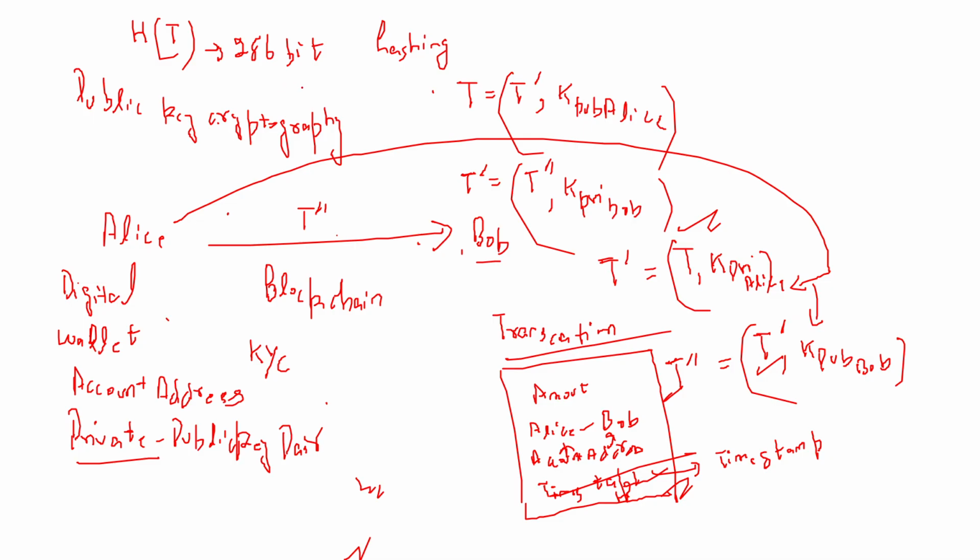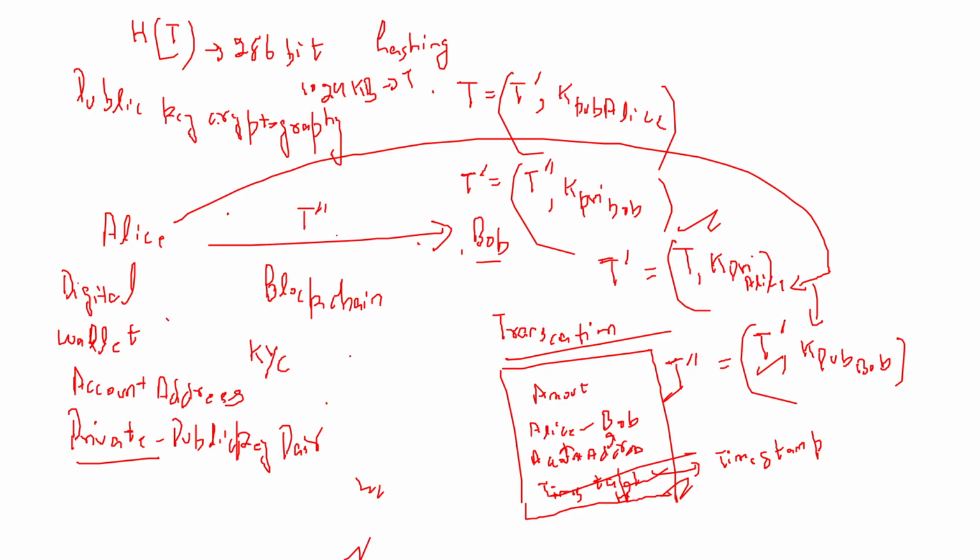Let us say the length of the transaction detail T is 1024 kilobytes. To encrypt this message, I would need a key length of 1024 kilobytes. So instead of generating a 1024 kilobyte key, we generate a 256 bit hash value, and that hash value of the transaction is what is encrypted by Alice.